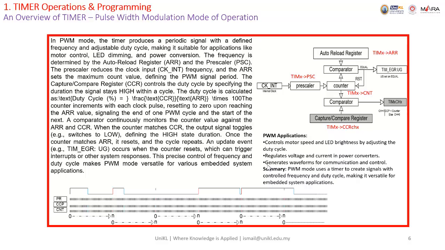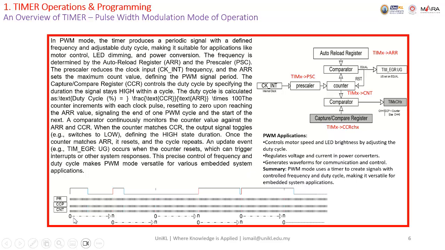All right, so how does it work? When the counter counts up, the value inside the counter will be compared with the auto reload register and also the capture compare register.